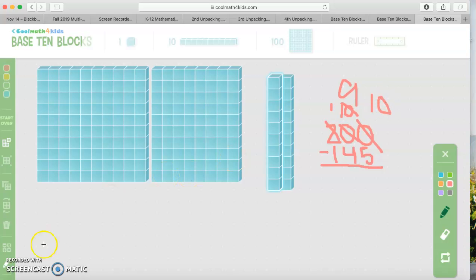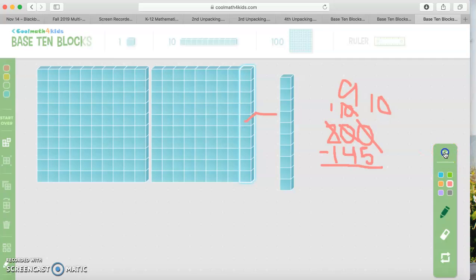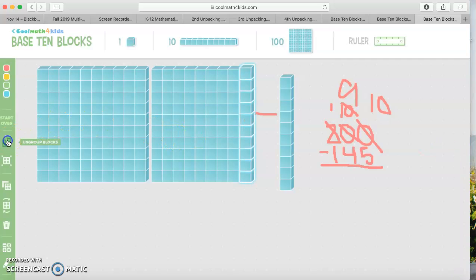So now they need to take away 5 ones. 1, 2, 3, 4, 5.